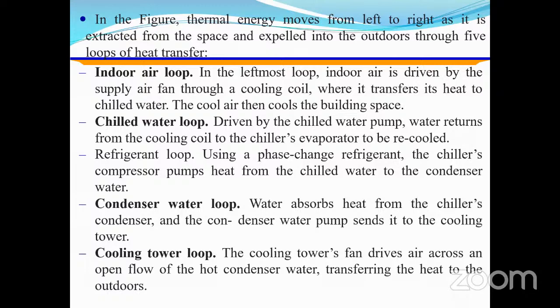Cooling tower loop. The cooling tower's fan drives air across an open flow of the hot condenser water, transferring the heat to the outdoors. So these are the various cycles: air cycle, chilled water cycle, condenser water cycle, then cooling tower.